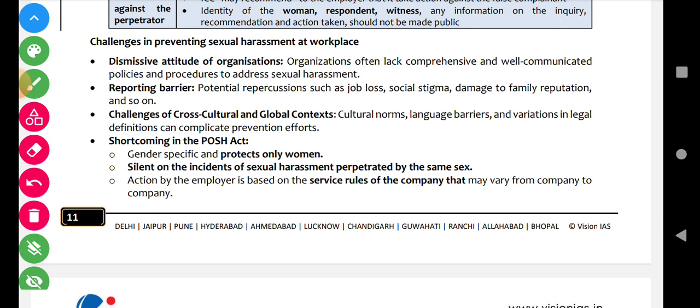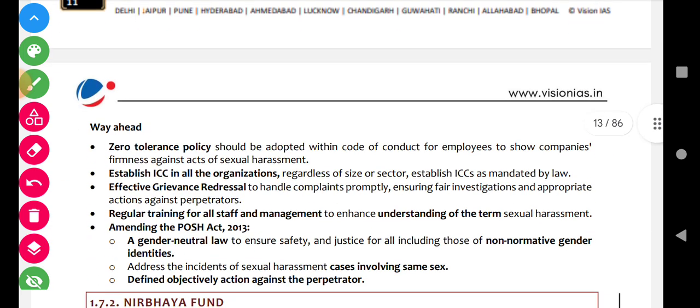Action by the employer is based on the service rules of the company, which may vary from company to company. So these are shortcomings of the POSH Act.